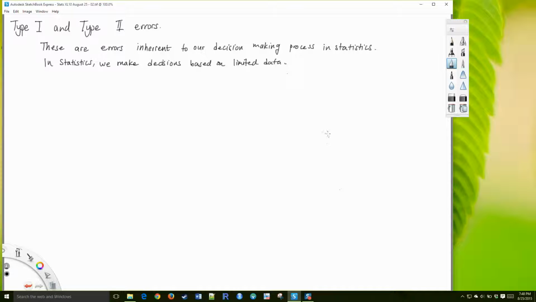Okay, and because we have limited data, there's the possibility that the data we have is not actually representative of the population, okay?